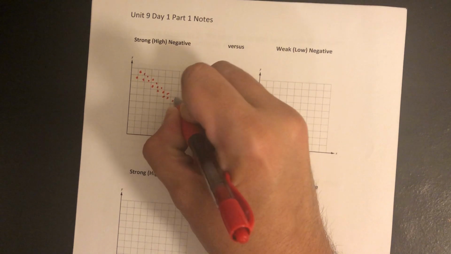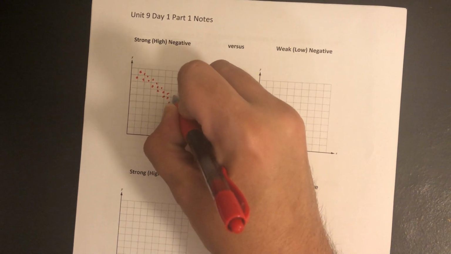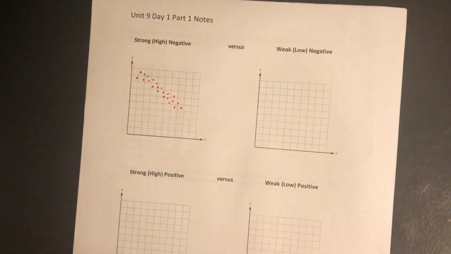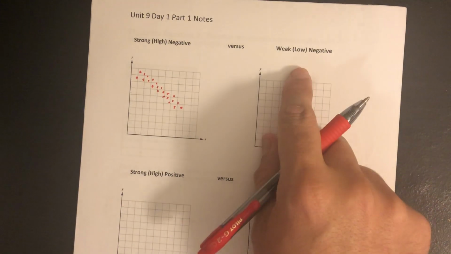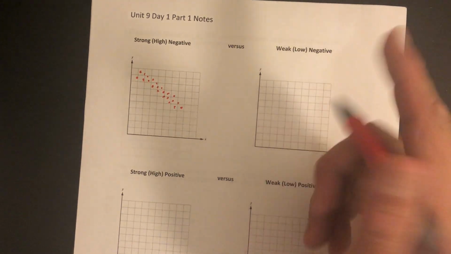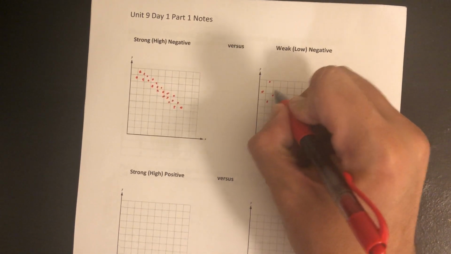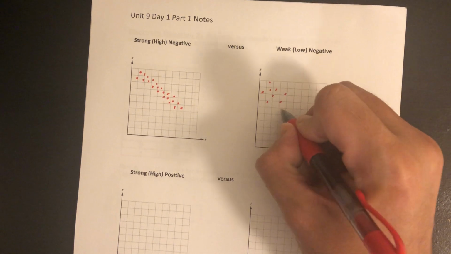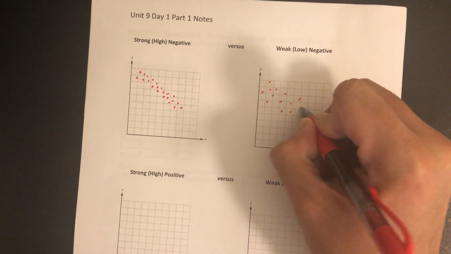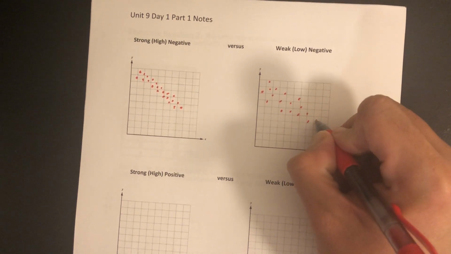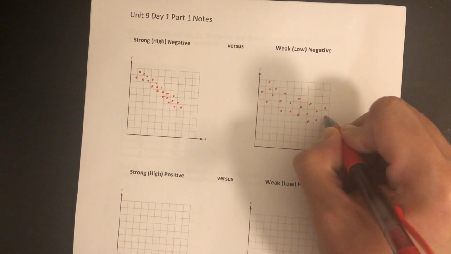But not quite. So their correlation is very strong, versus something that has a weak negative. It's still decreasing, but the correlation is a little bit weaker. The dots are a little bit further apart from each other, but they're still going in a negative direction.